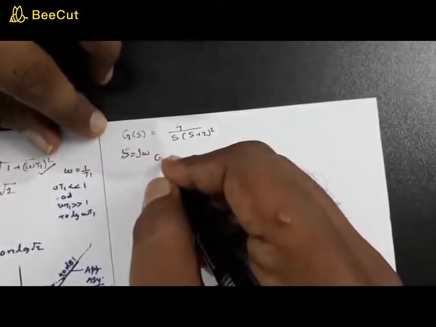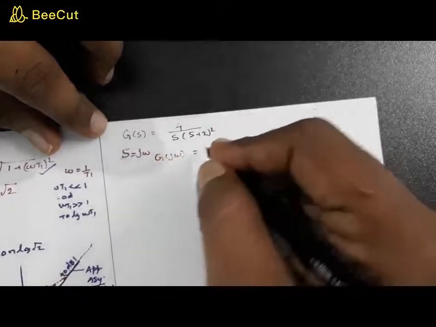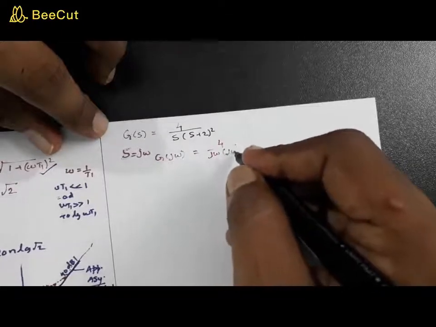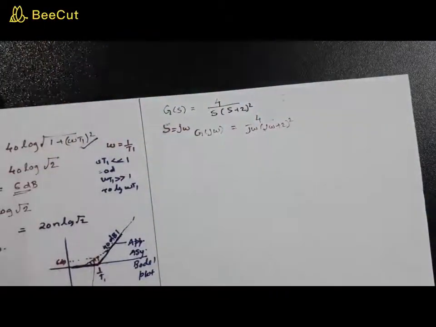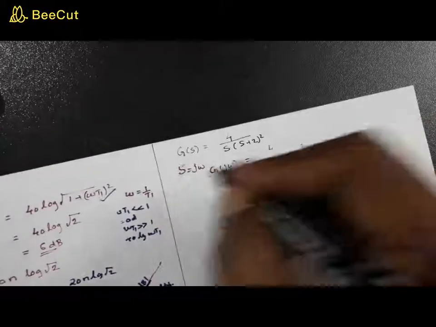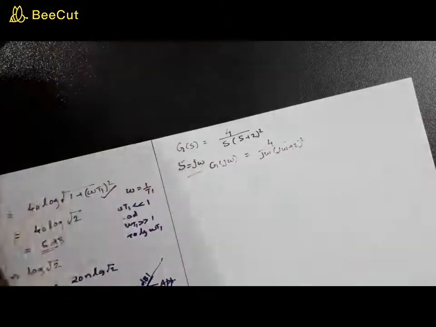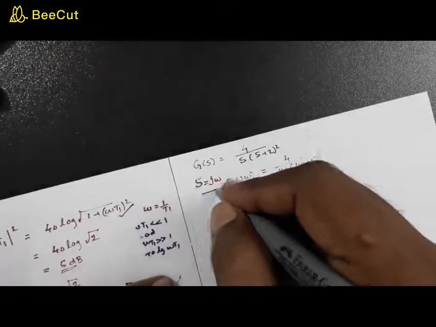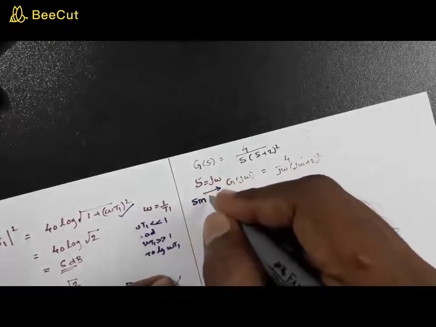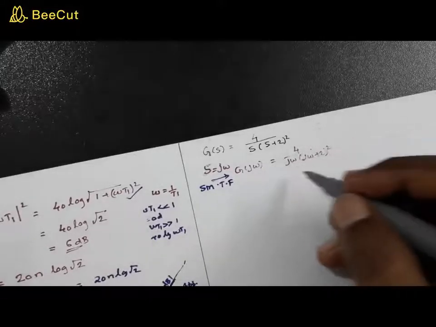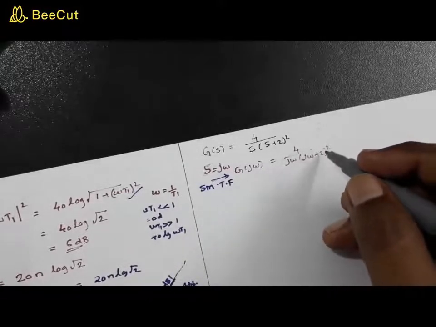So putting s equal to j omega, you get G(j omega) as 4 divided by j omega into (j omega plus 2) the whole square. This is what is called a sinusoidal transfer function. Now you want to make it into Bode form.